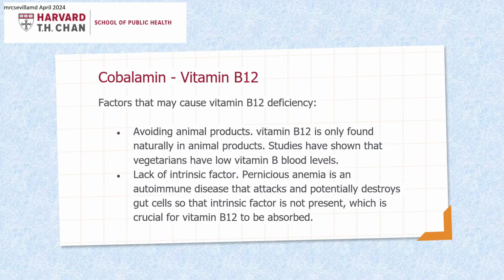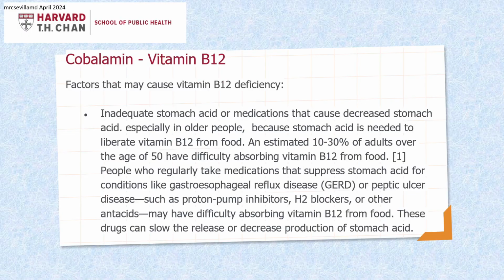Despite its ready availability, it is still possible to develop a deficiency, especially among vegetarians, since B12 is found primarily in animal products. Any situation that affects the level of gastric acid and intrinsic factor in the intestines can decrease B12 absorption, so it is a good idea to be careful with the use of antacids and proton pump inhibitors.